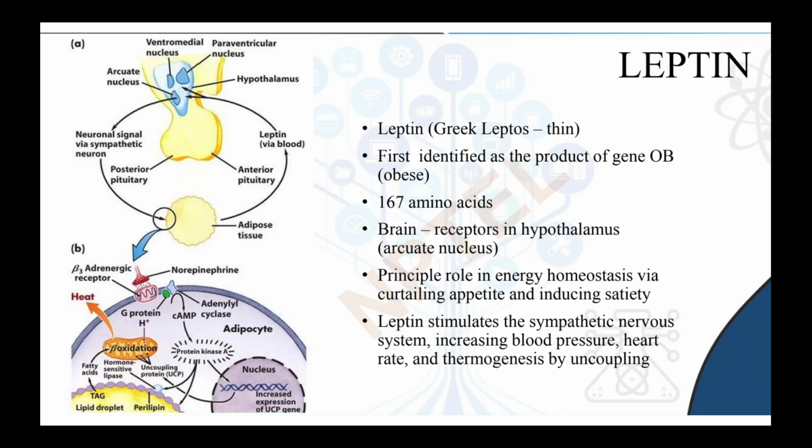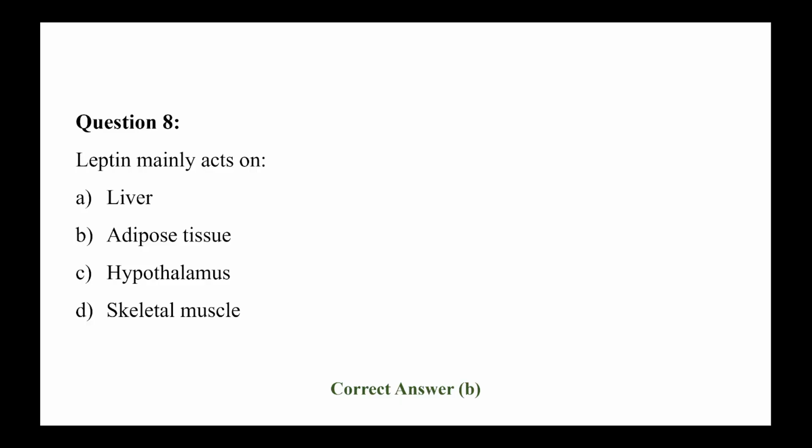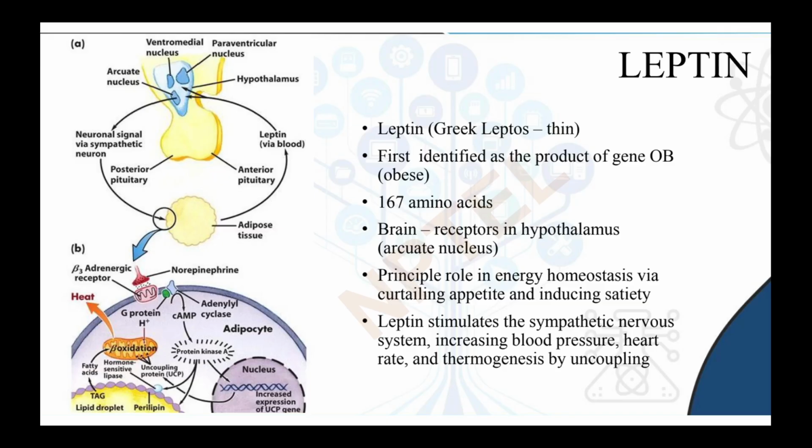Okay. So leptin is released from the adipose tissue. It acts on the hypothalamus of the brain. Okay.